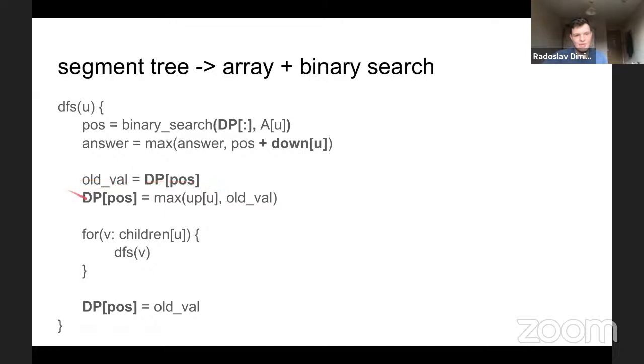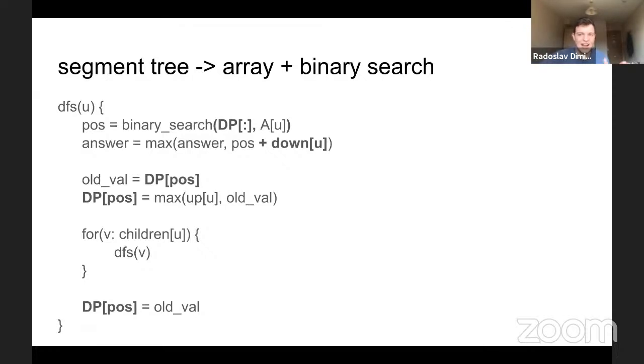We find the old value, then we do the update on this data structure, which I'll explain in a bit. And then we roll back again by just saying that DP of this position will be again the old value, after going through the children. So the tricky part of this conversion is what DP will be and what our data structure will be.